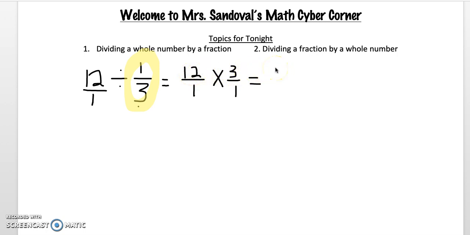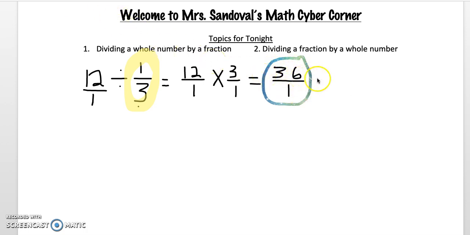Whatever method you use to figure it out is fine, but it's usually a very good idea to know your multiplication facts. 12 times 3 equals 36. And then 1 times 1 equals 1. We call this right here an improper fraction because the numerator, which is the top number, is greater than the denominator.